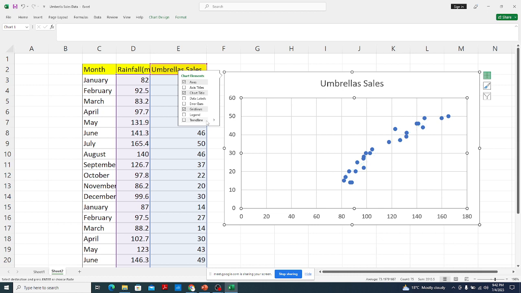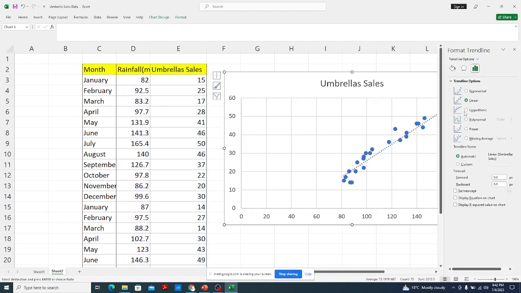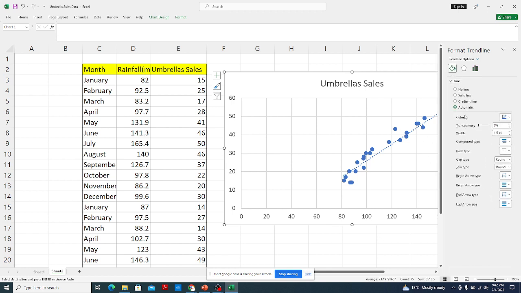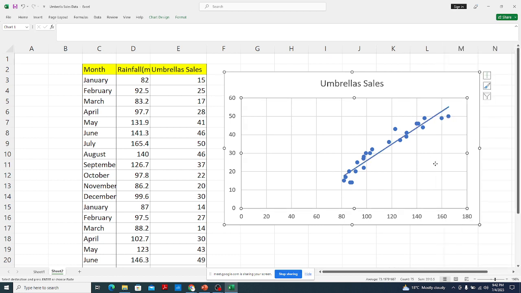Don't worry, we shall cover practicals for this. So you can see now this will be the line of best fit.